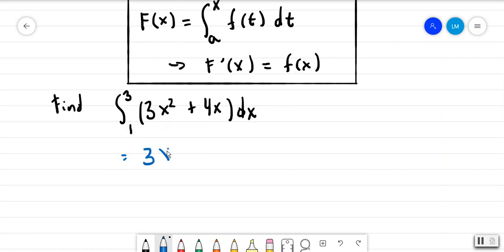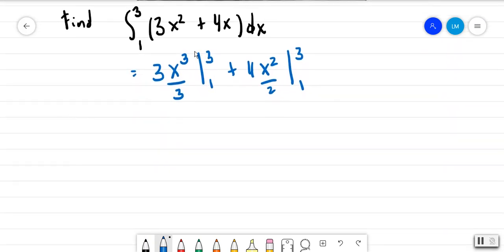So this would be 3x to the 3 divided by 3, evaluated from 1 to 3, plus 4x squared divided by 2, evaluated from 1 to 3. Basically, I just applied the fundamental theorem to each component. Notice that you also have some cancellation: that cancels out, and the 4 over 2 just becomes a 2. So we'll put a 2 right there.